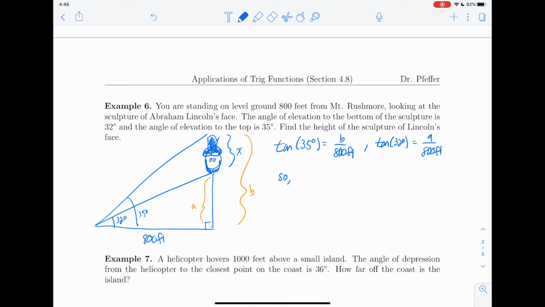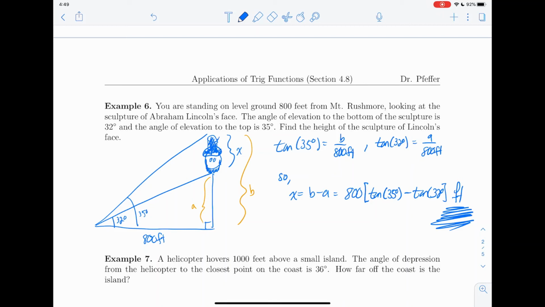So that x is clearly equal to b minus a, which is equal now to 800 times the tangent of 35 degrees minus the tangent of 32 degrees feet, where again units are very important here.